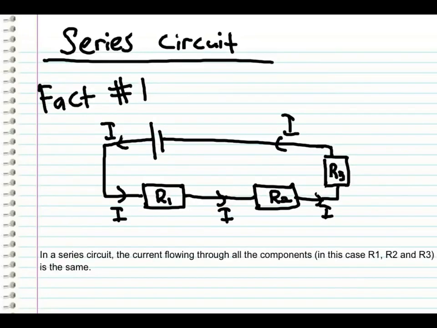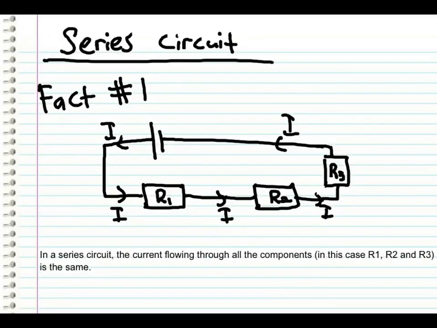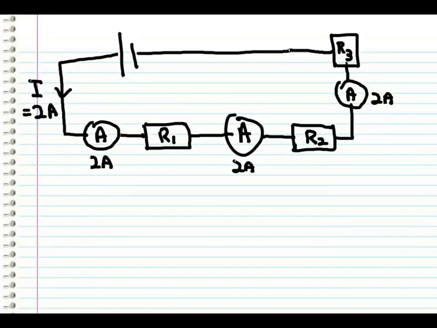Fact number 1. In a series circuit, the current flowing through all the components of the circuit, in this case the 3 resistors, is the same. So, in this case, if the current from the battery is 2 amperes, then all the ammeter readings will show 2 amperes.